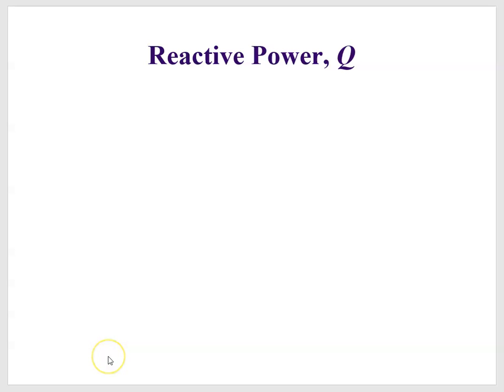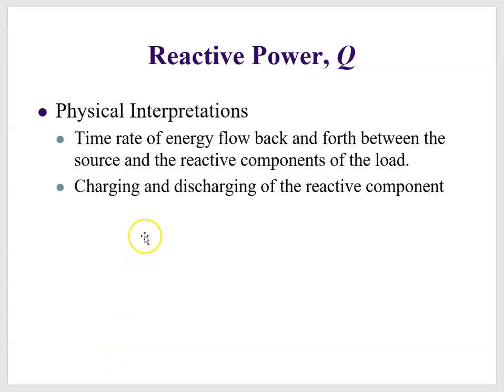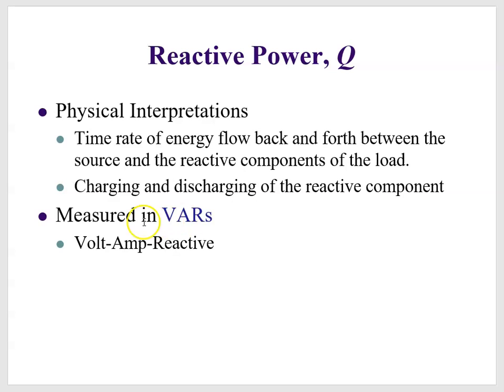So let's take a further look then at our reactive power. The physical interpretation of that is it's the time rate of energy flow back and forth between the source and the reactive components of the load. Remember, reactive components, the inductor and capacitor, they're going to absorb energy, but they can also supply energy. So they can push current back towards the source. So we can also interpret that as the charging and discharging of the reactive components.